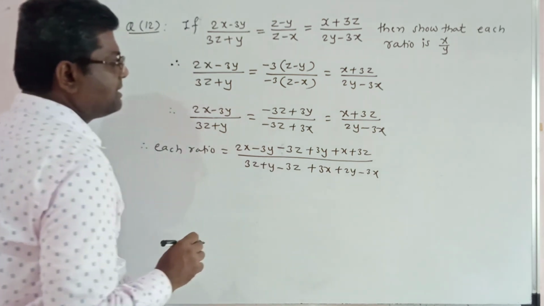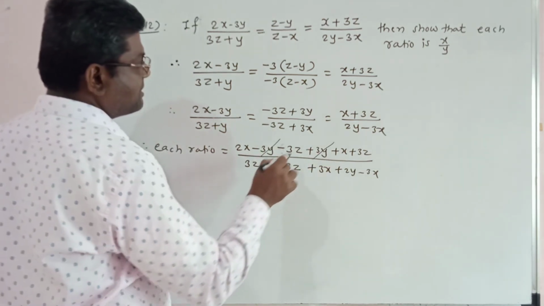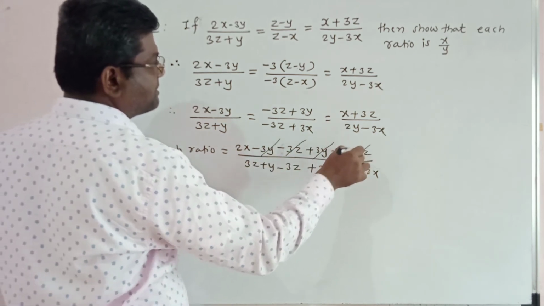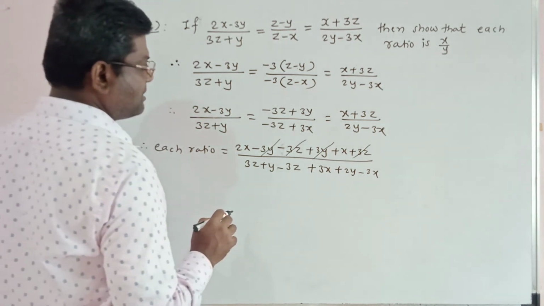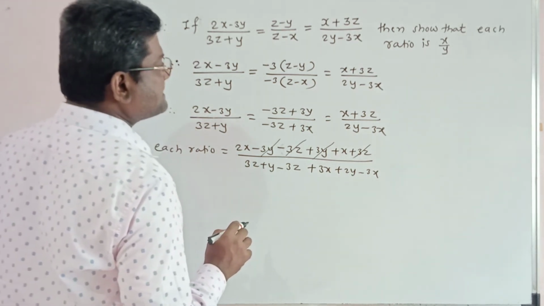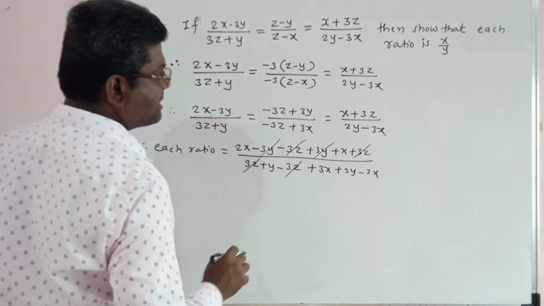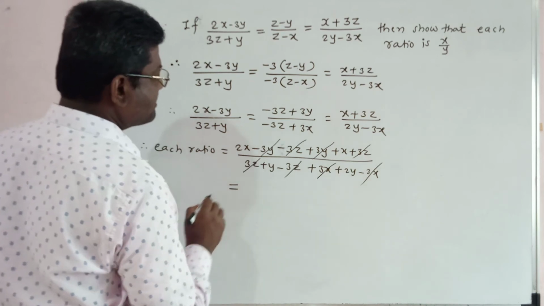Now let's see, this minus 3y and plus 3y will get cancelled, this minus 3z and plus 3z will get cancelled. So in the denominator also, 3z and minus 3z will get cancelled, 3x minus 3x will get cancelled.